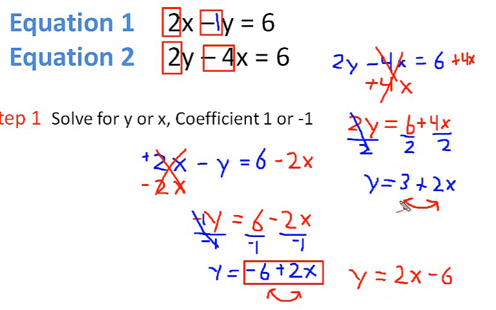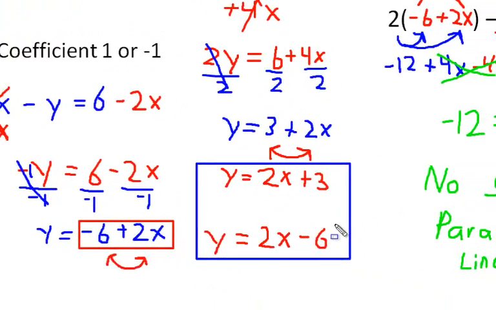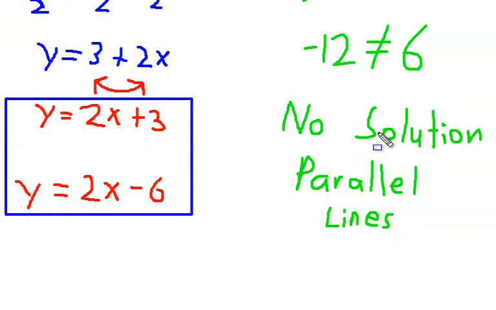In this equation here, I would have y equals 2x, and then this number right here is a positive 3, plus 3. Okay, so looking at these two equations, yeah, they are parallel. They have the same slope and different y-intercepts. So they are parallel, no solution.